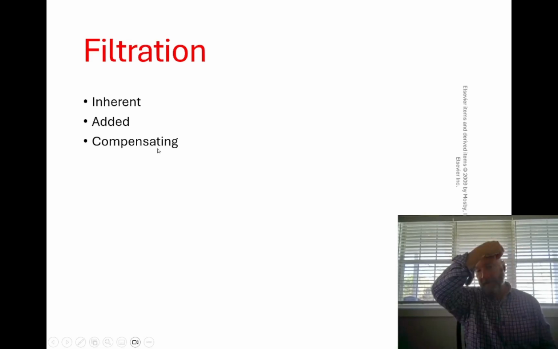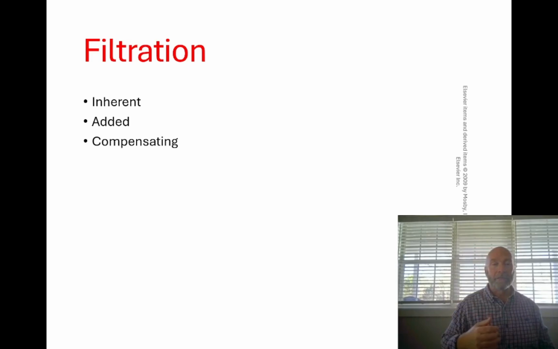So where we see compensating filters mainly now is, and it's really not so much an overall filtration as much as it is a breast dose reduction measure. So you don't see a whole lot of compensating filters in a diagnostic setting anymore, but if you do a significant number of scoliosis series, your patient population is usually going to be young females with developing breast tissue.